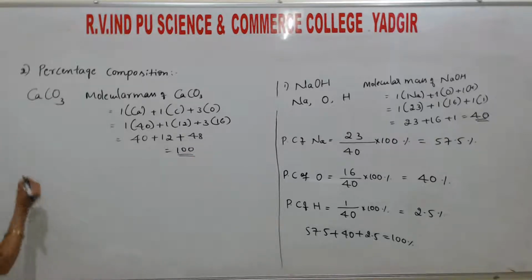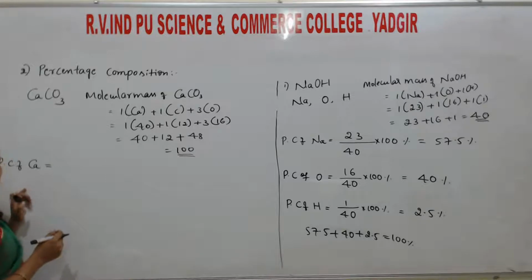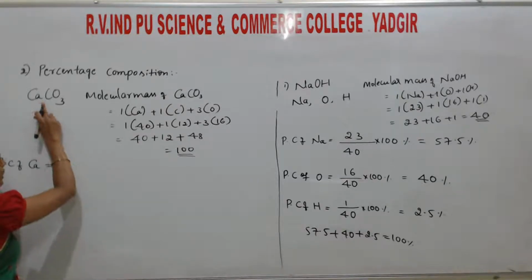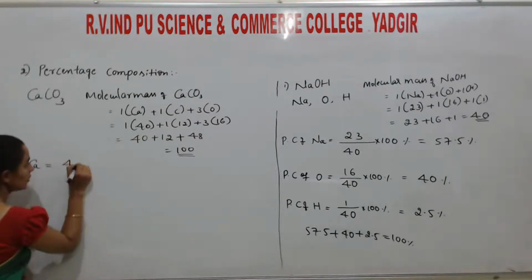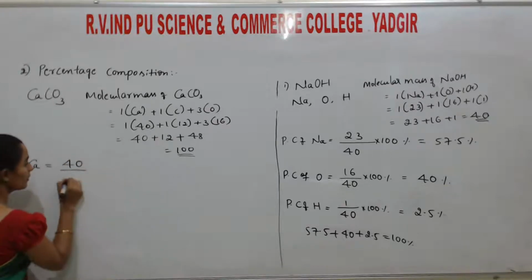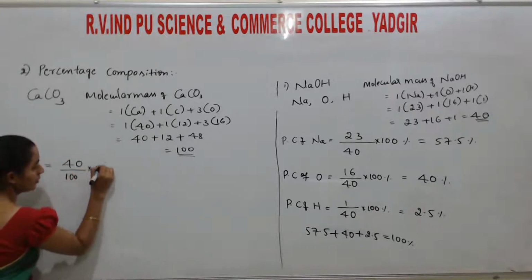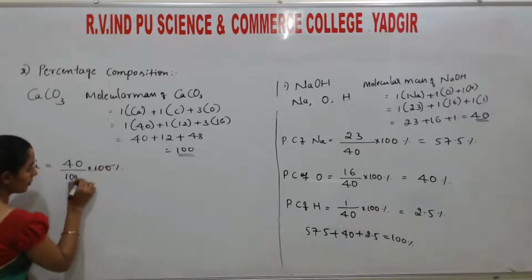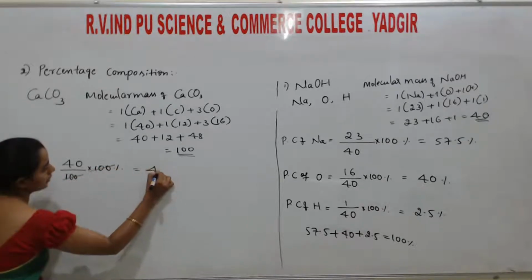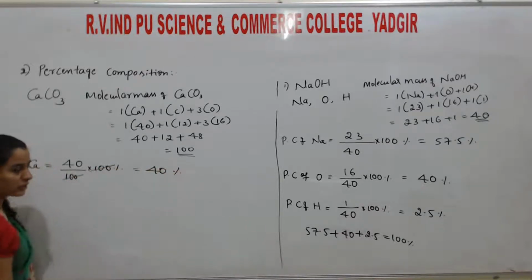Okay, students. Now, percentage composition of calcium. Calcium is how many grams present in that? 40 grams divided by 100 into 100%. If you divide this, you will get 40%.